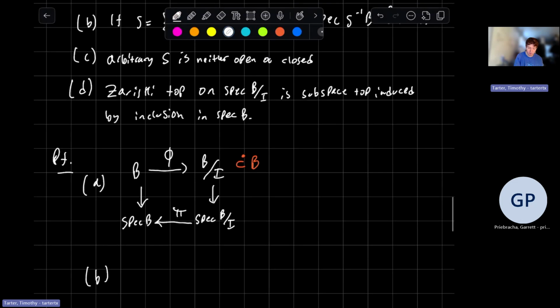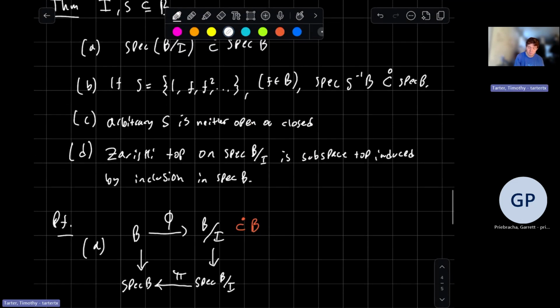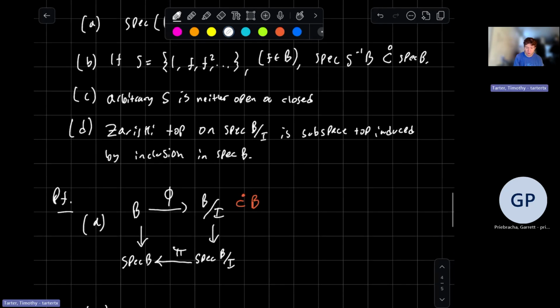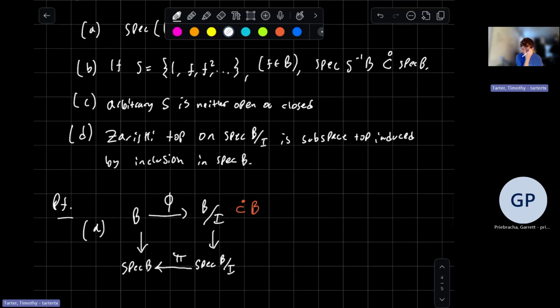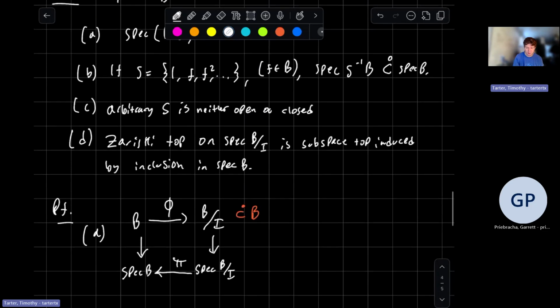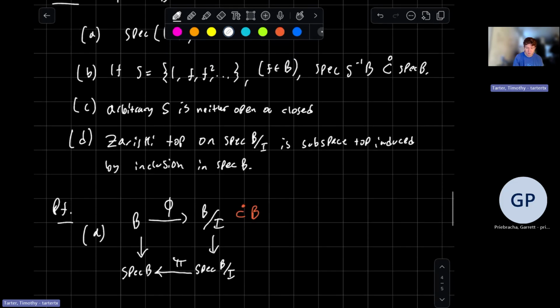And then for part B, we're looking at all of the functions in B which do not have anything in S. And so this does definitely look like an open set.